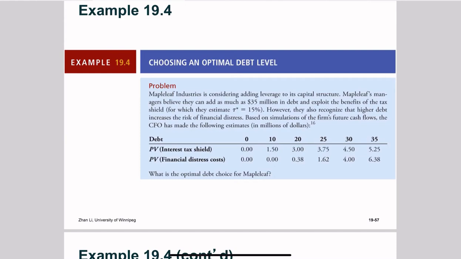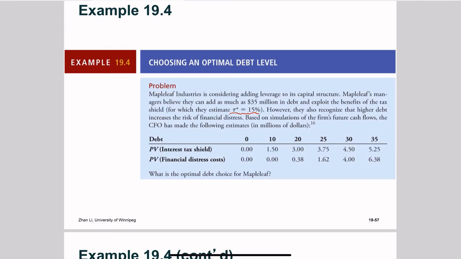So we assume the tax advantage of debt is 15%. And then they understand the higher debt level would increase the risk of financial distress. So based on the simulation of the firm's future cash flows, the CFO has made the following estimates. And what is the optimal debt choice for Maple Leaf?